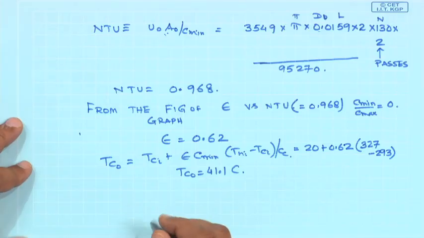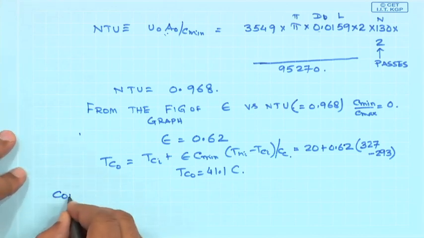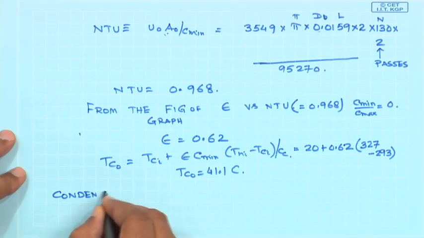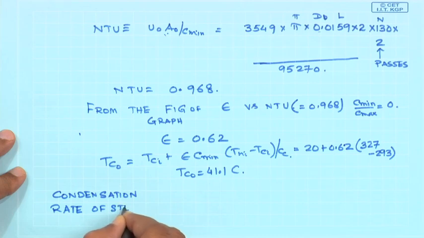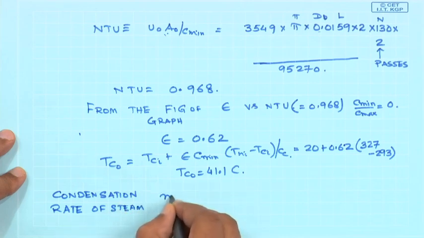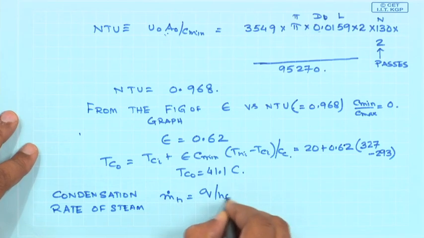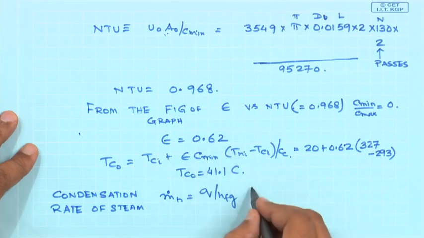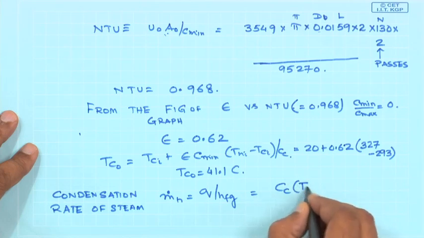The third one which is remaining is the condensation rate of the steam. So, let us do the last part over here. The condensation rate of the steam, which is m dot of the hot fluid, is simply Q by HFG, and since I know epsilon, everything is known to me.